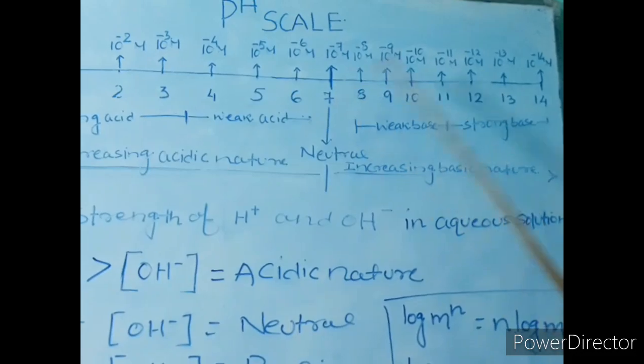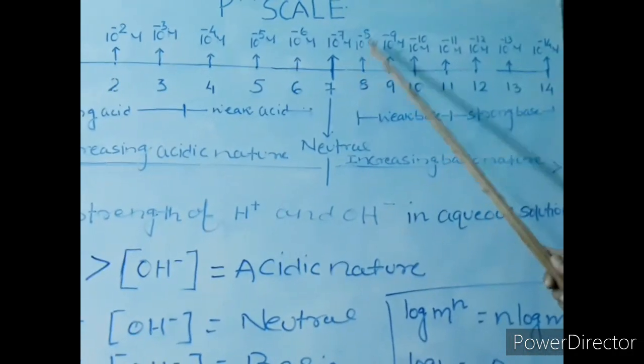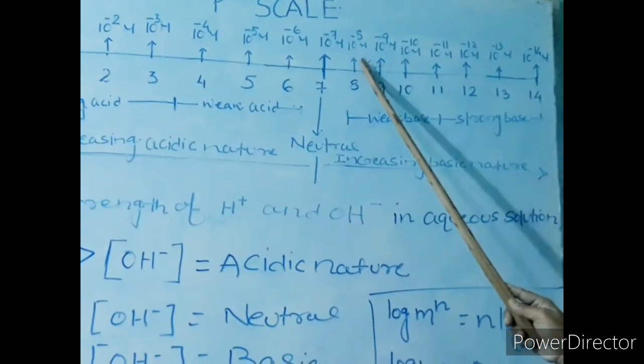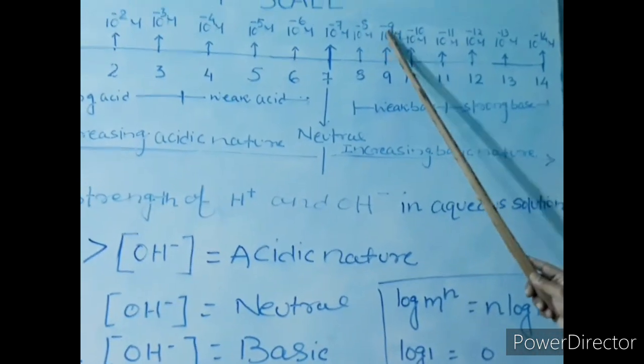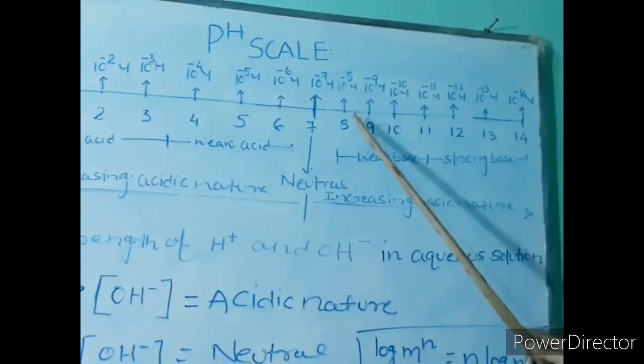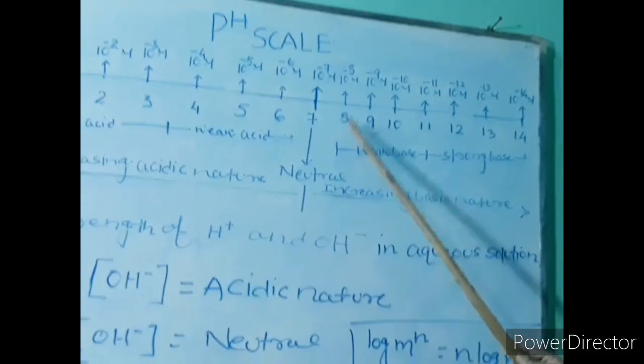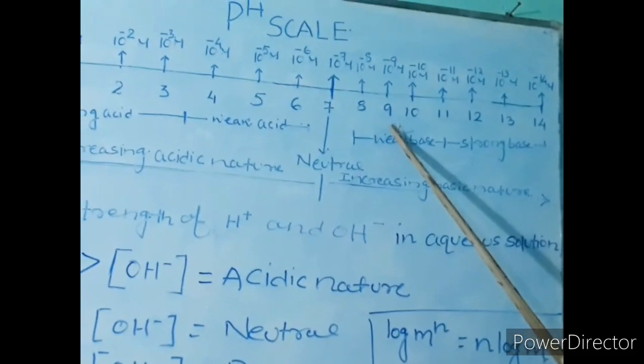Now if the pH of a solution is more than 7, like if the concentration of hydrogen ion is 10 to the power minus 8 molarity, or 10 to the power minus 9 molarity, their pH is respectively 8 and 9.